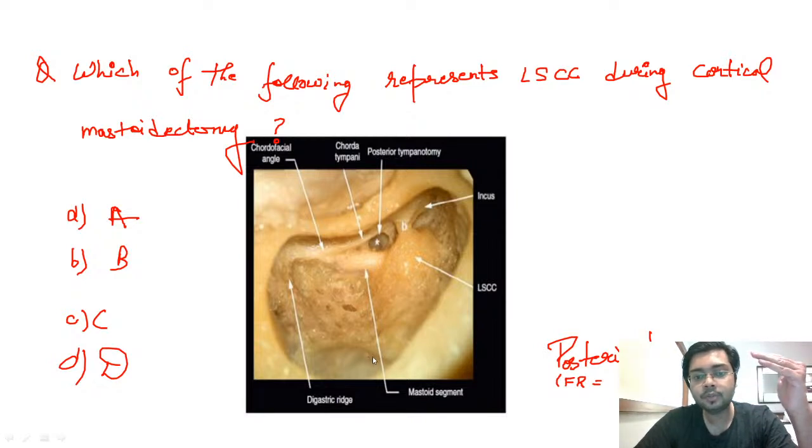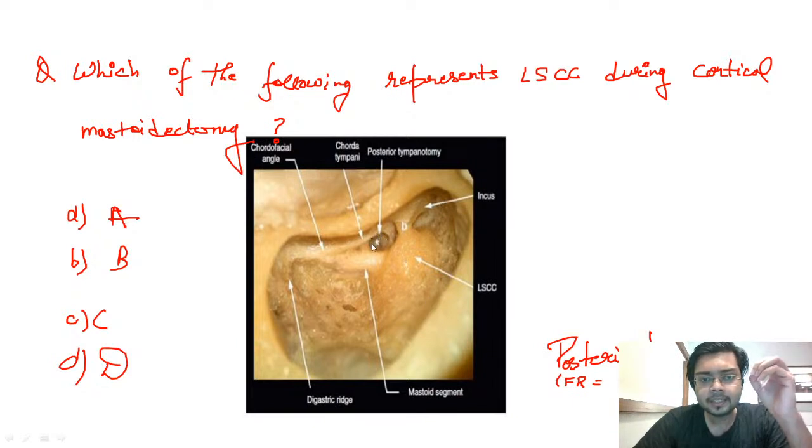Posteriorly, or you can say postero-inferiorly, is your sigmoid sinus bulge. Superiorly is your inferior temporal line. Actually, after you drill in that inferior temporal line, you will reach this dural plate. So this is the boundary of the triangle of attack.